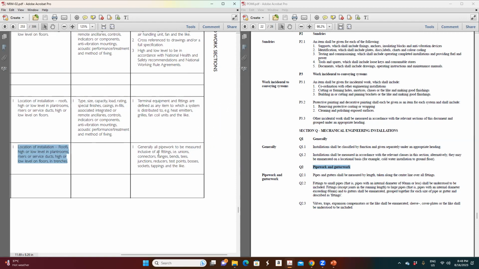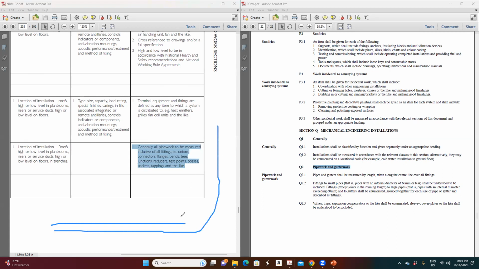Generally, all pipe is to be measured inclusive of all fittings. Whatever it is, fittings, bends, joints, to be included. They give examples: unions, connectors, flanges, bends, tees, joints, and everything has to be included when you're measuring the pipe. For example, one pipe is here and it goes like this.